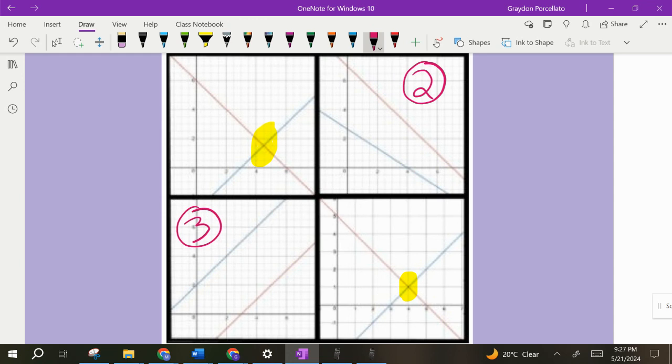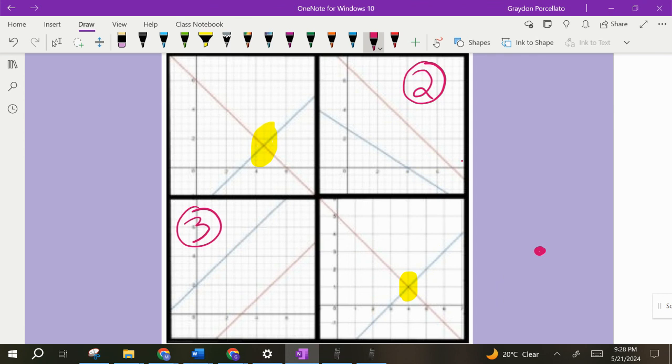I would say yes. For number 2, you can see that these lines, the blue and red, appear to be getting closer and closer together. So yeah, they might intersect somewhere down here. But if we look at number 3, what do you notice about those two lines? We actually have a word to describe those lines.